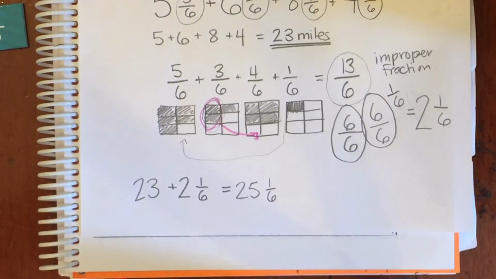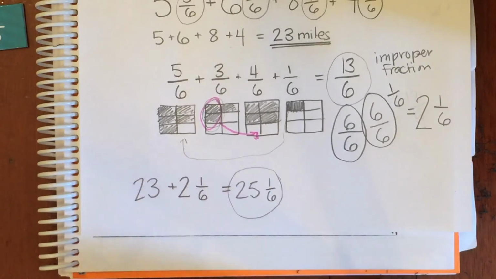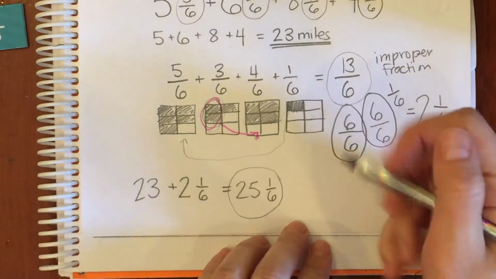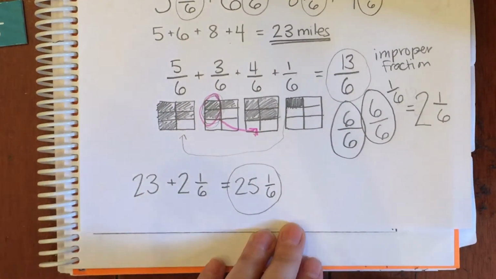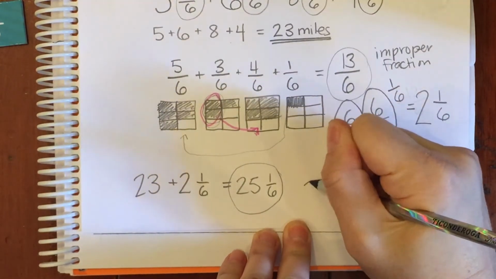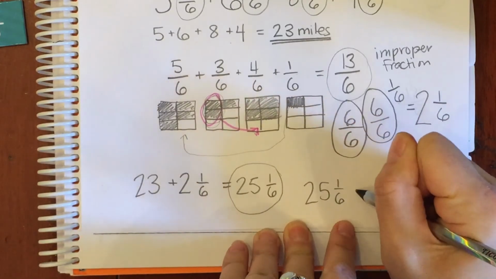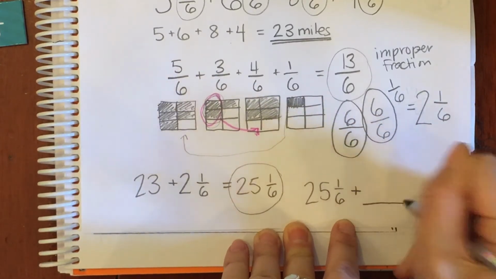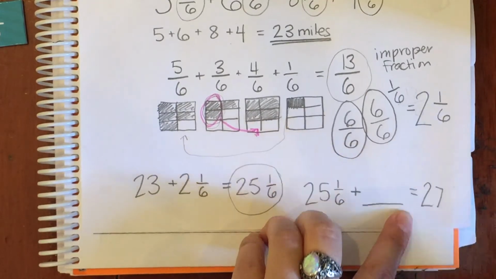All right, so Monday, Tuesday, Wednesday, Thursday, they have paved 25 miles and 1/6 of the road. 25 miles and 1/6 plus something will get us to 27 miles.